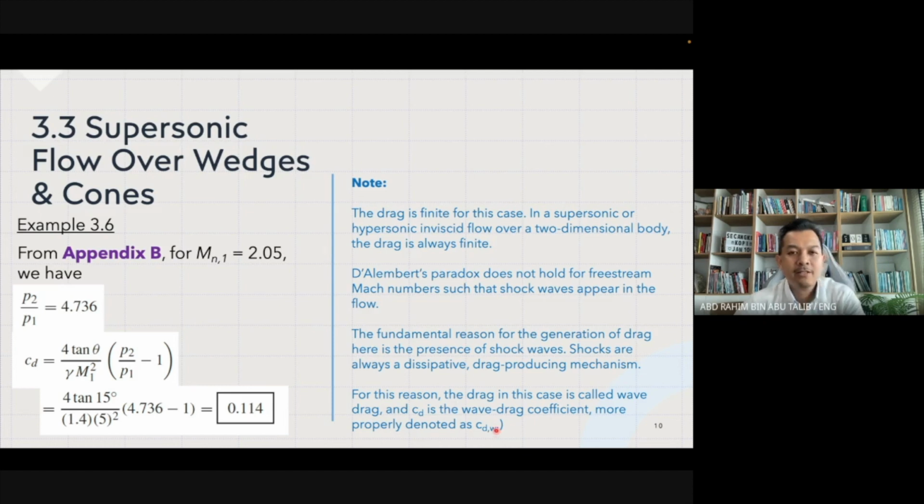So at subsonic flight, you are going to experience only CD, because there's no shock wave, right? But for higher speed, especially at this Mach number 5, you will then have to consider the wave drag coefficient, which is denoted as CDW.